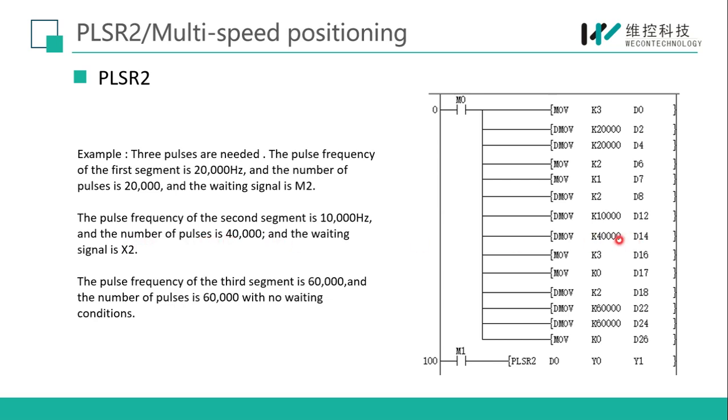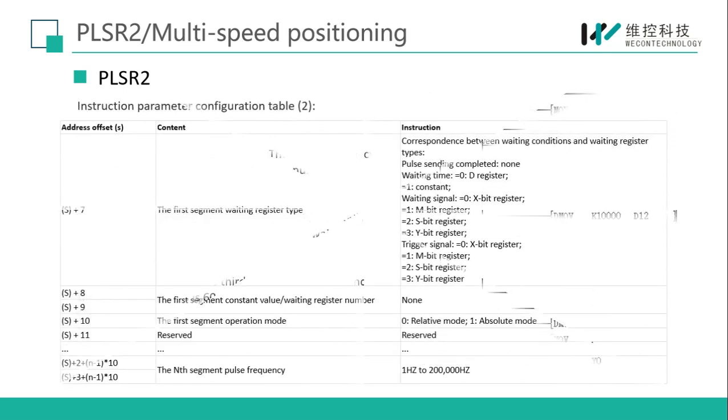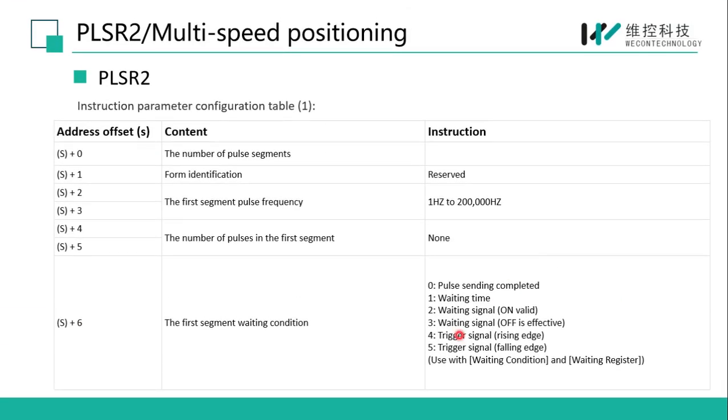And for the waiting signal, D16 is X, so we're waiting for a signal when it is off.